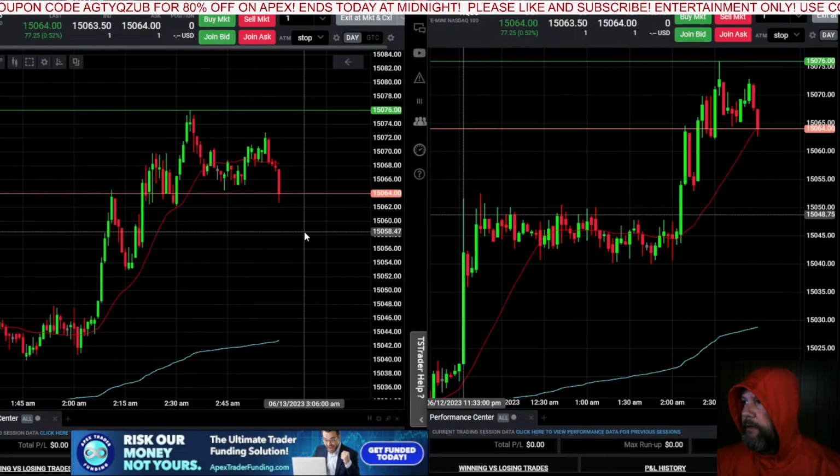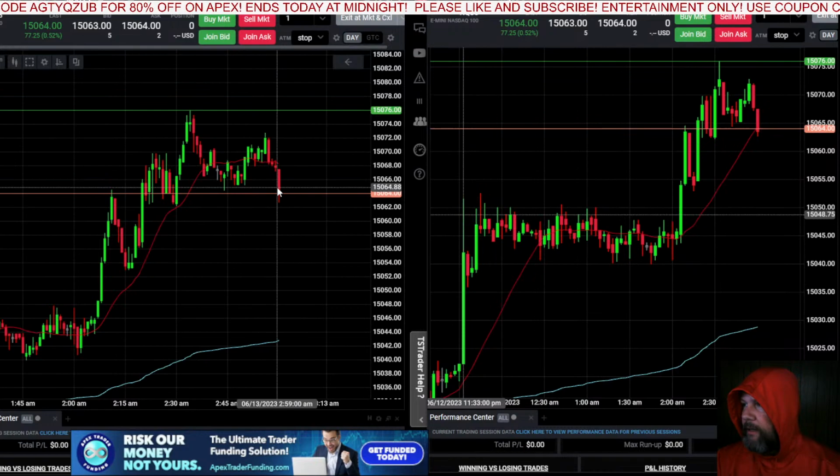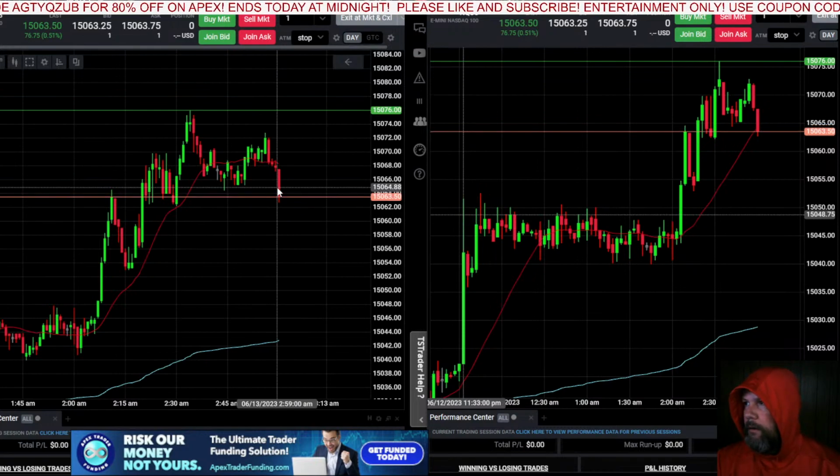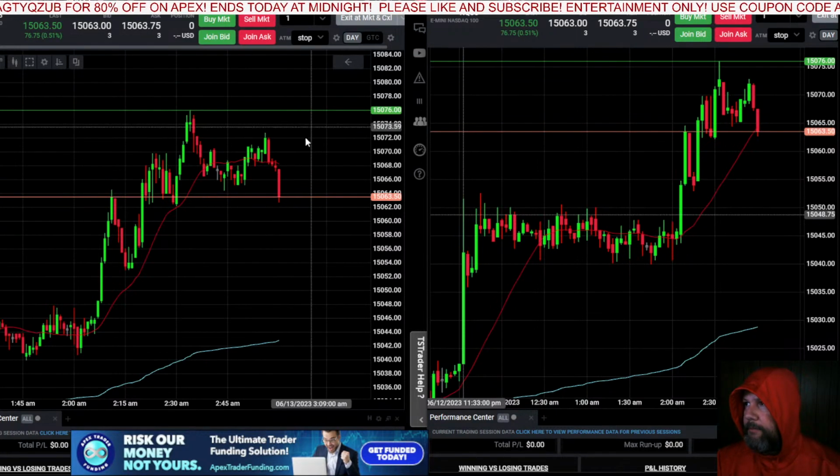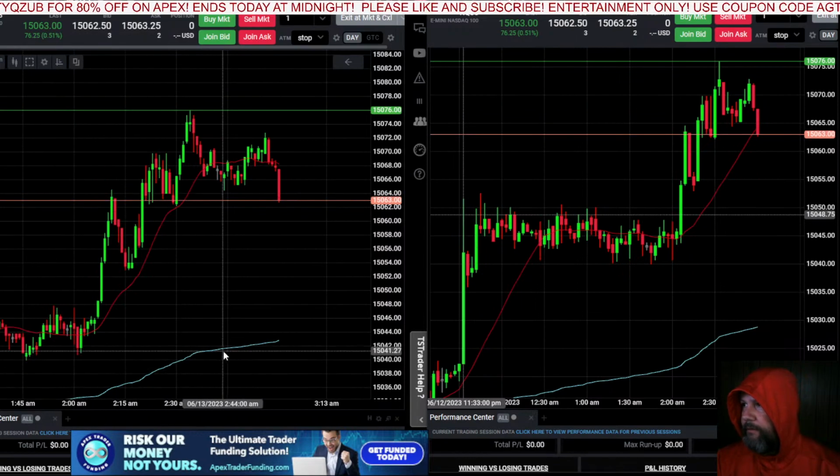So we just opened there, selling off a little bit here, retracing some of that move up. Like I said, it doesn't really matter to me. We could either sweep this top side liquidity or this low side liquidity first.